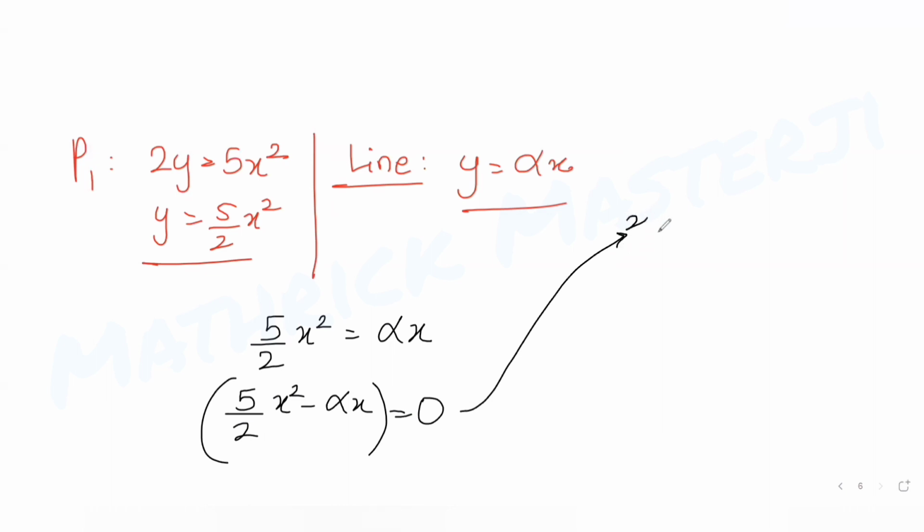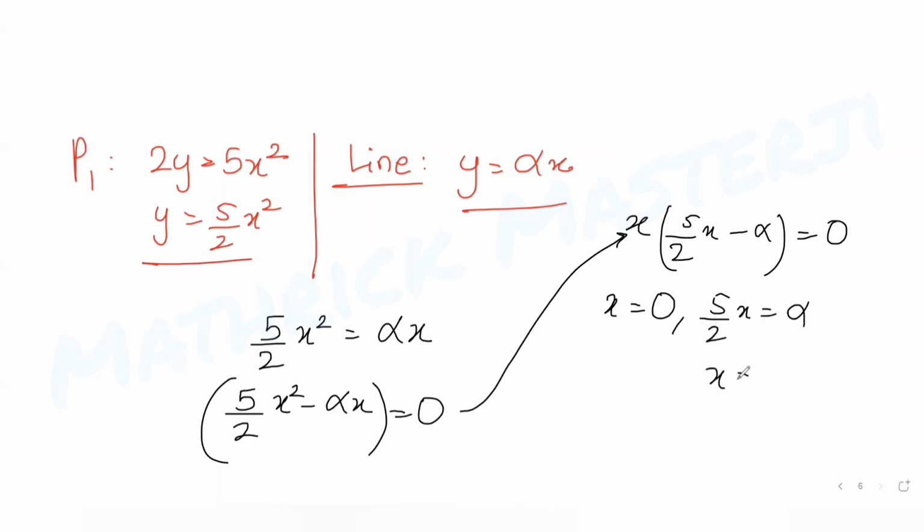Taking x common, x times (5 by 2 x minus alpha) is equal to 0. So you get two values of x: one is 0 and the other is 5 by 2 x equals alpha, so x becomes 2 alpha by 5. So I get the limits of x to find the area between the parabola P1 and the line y equals alpha x.